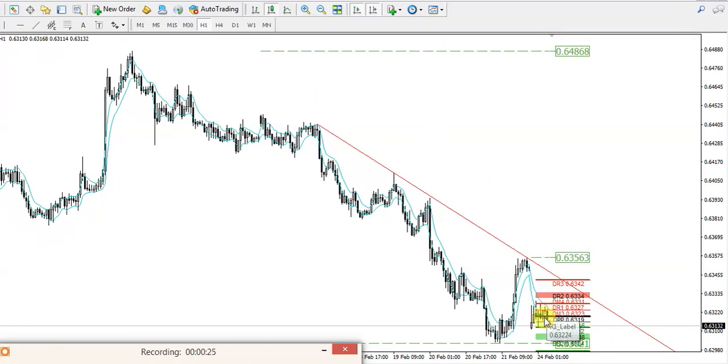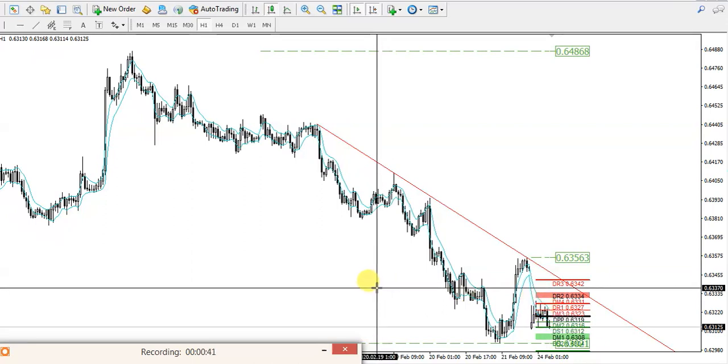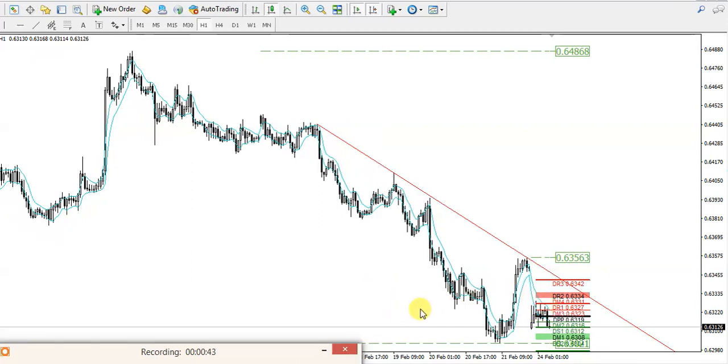By the time I was filming this, I looked at it about 2 hours ago, and the price already came down with this 1 hourly bearish candle. I was hoping that it will push a bit higher towards these highs, which I'm still hoping it will do, and then I would be looking at the short side. For now, it's still deciding what it wants to do really.